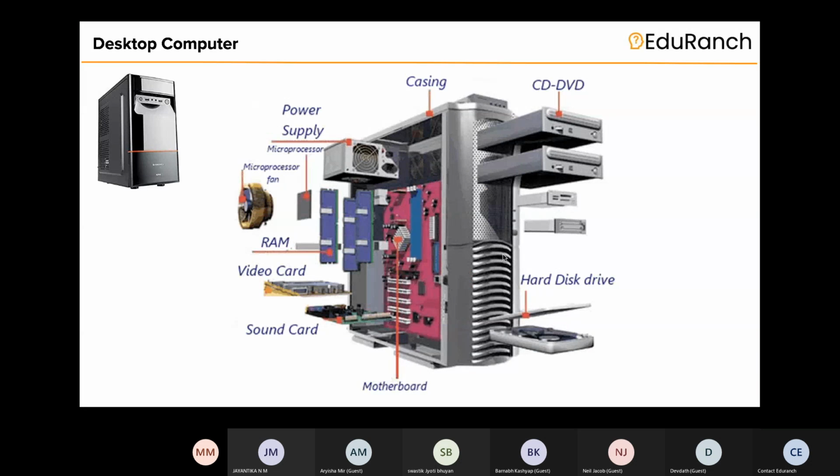Now it's important for us to understand how a computer looks. We said there are four parts. There is the input device, which we have seen, and there is a CPU. Usually we have seen some of these desktops. How many of you have seen this kind of desktop?